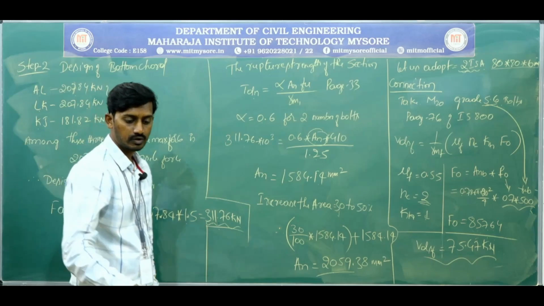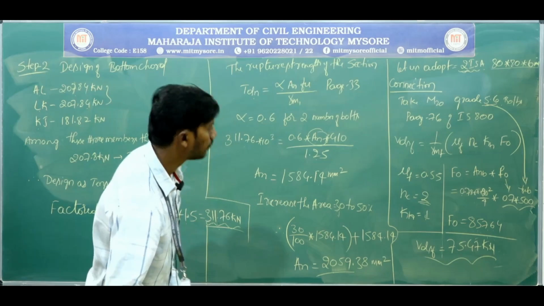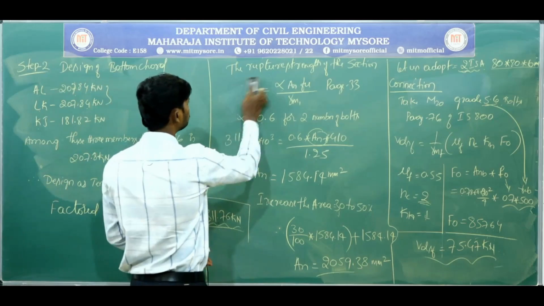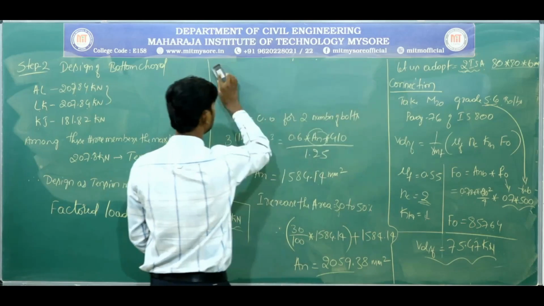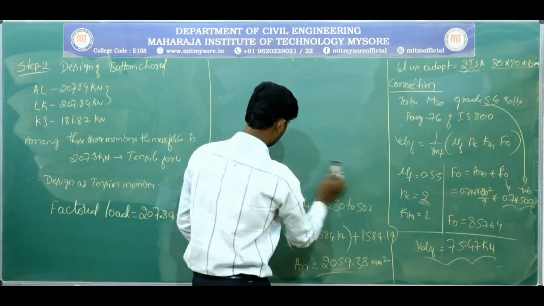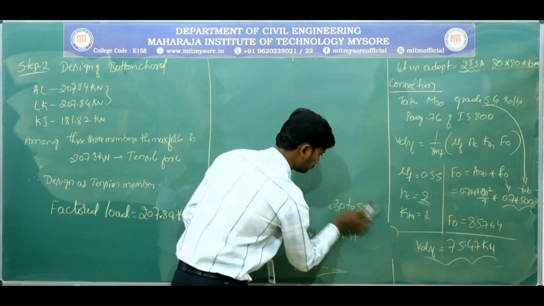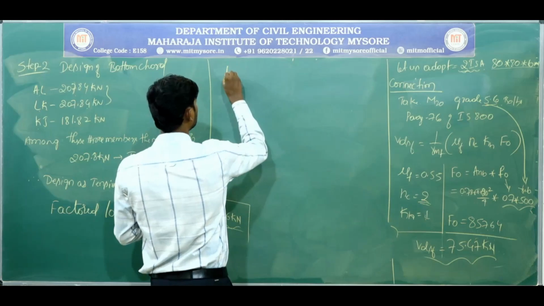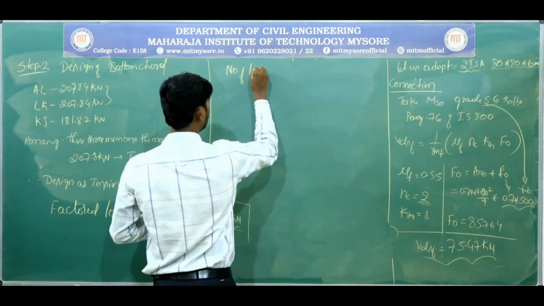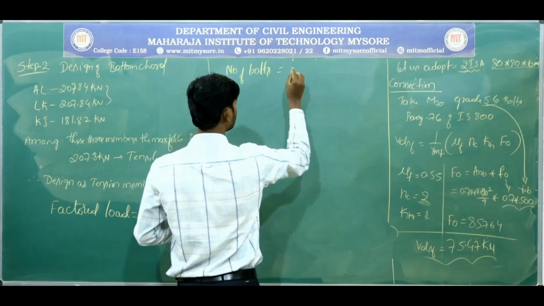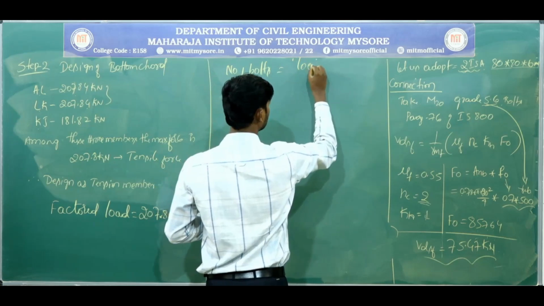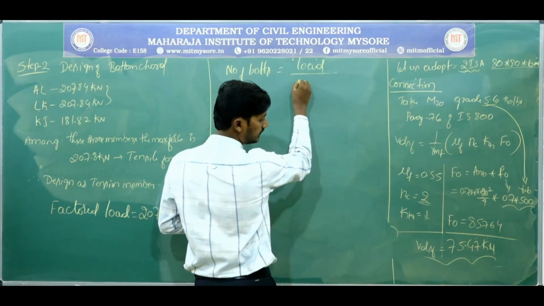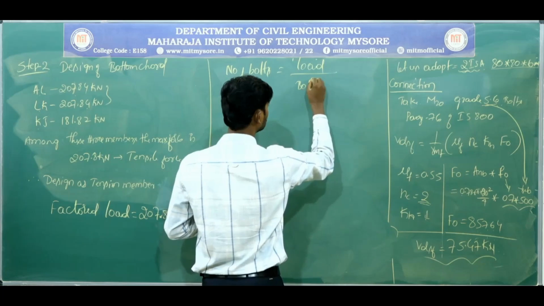So once we got the strength of the bolt, what is the next step? We need to find what is the number of bolts required. Correct. So how to calculate the number of bolts? Number of bolts is equal to factored load divided by bolt value.